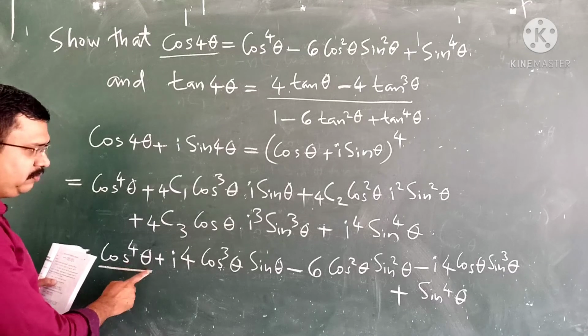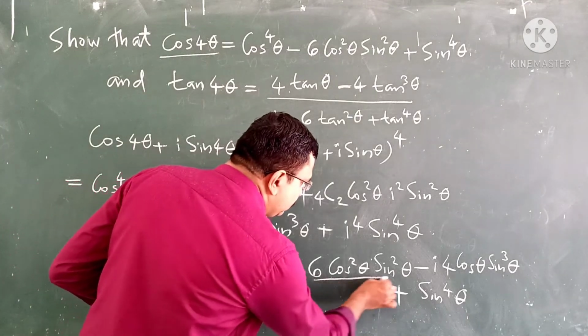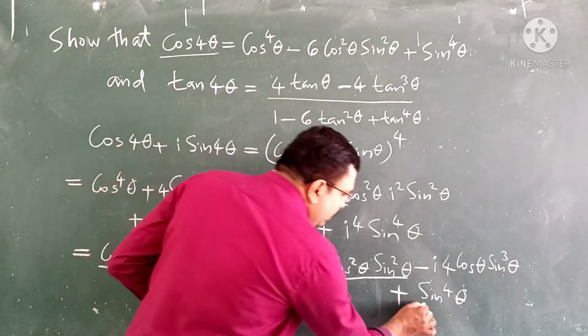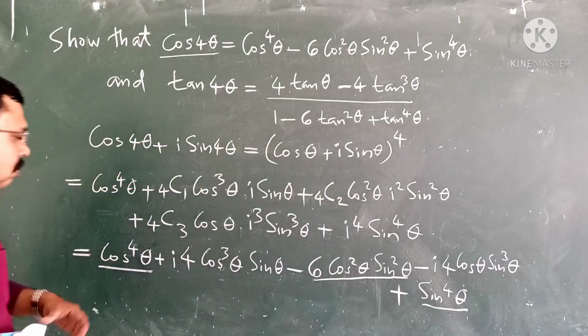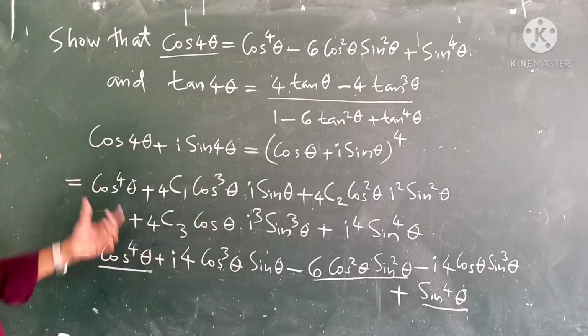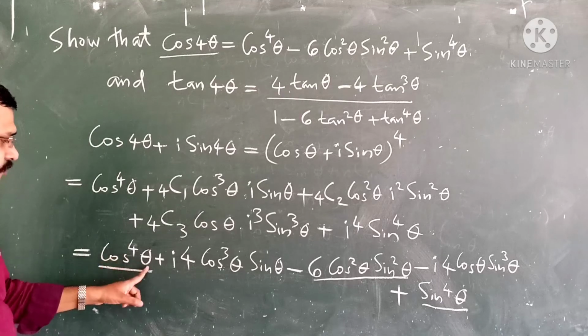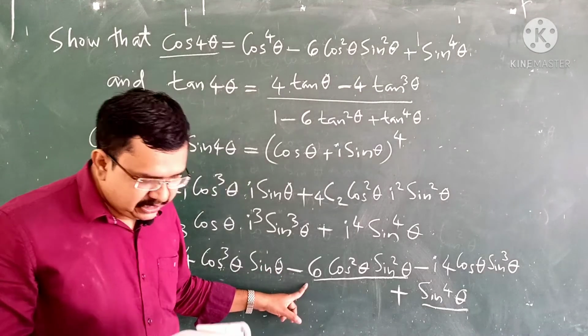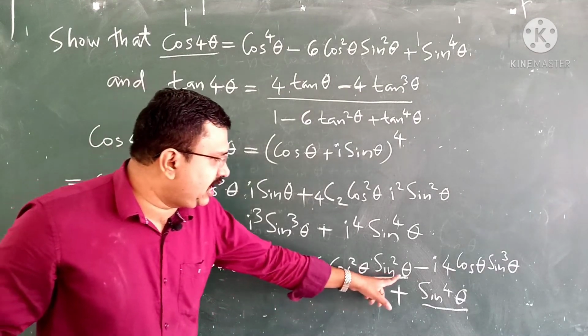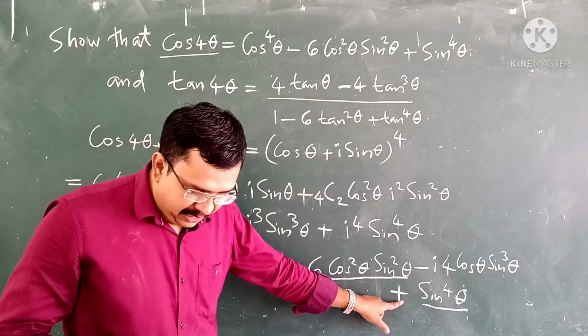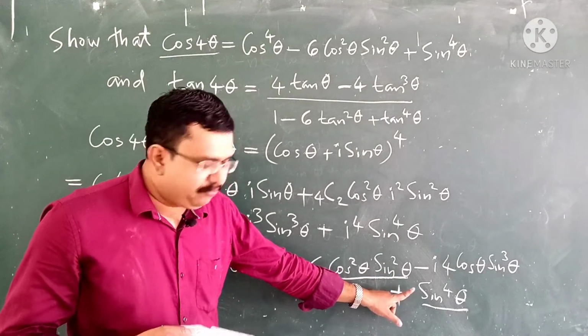This one is here, the second one is this, and the last one is this one. Therefore, cos 4 theta is equal to cos raised to 4 theta minus 6 cos square theta sin square theta plus sin raised to 4 theta.